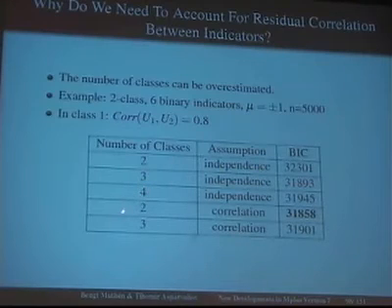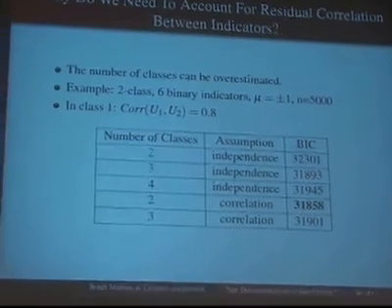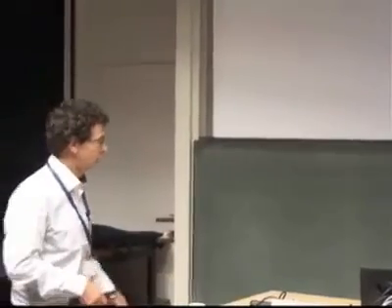So it actually did produce a spurious class. The fact that there wasn't an accounted correlation in the LCA model, you have a little bit of extra correlation between the indicator variables, that gives you a spurious class. Now, if you account for the correlation, then you just get, as expected, the 2-class solution.